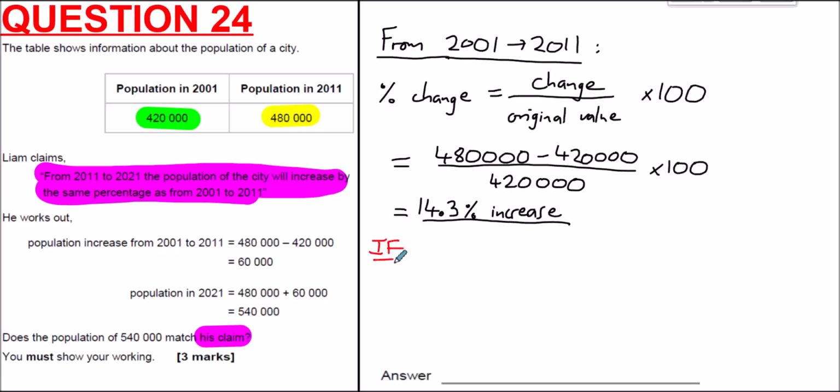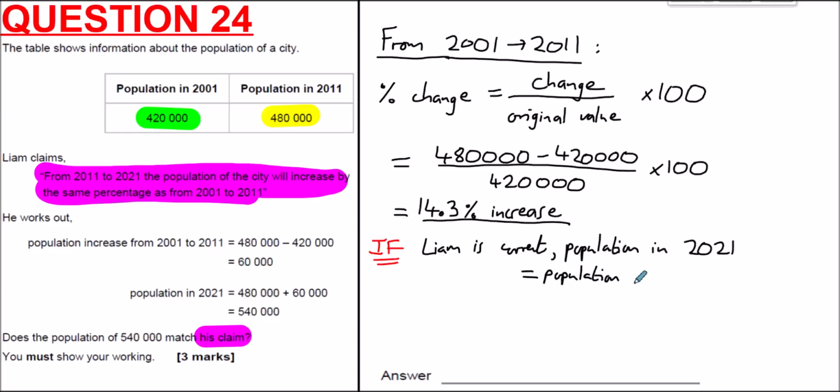So now, if Liam is correct, the population in 2021 should be the population in 2011 plus the same 14.3% increase, if he's right.